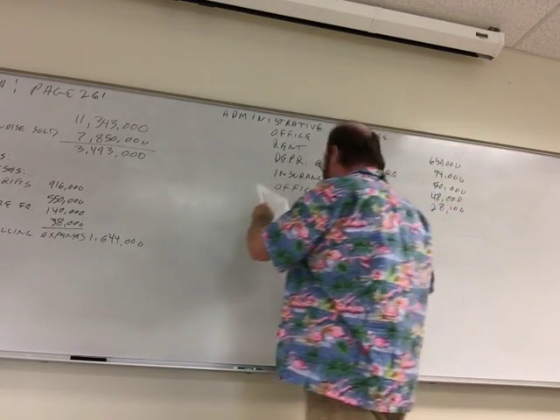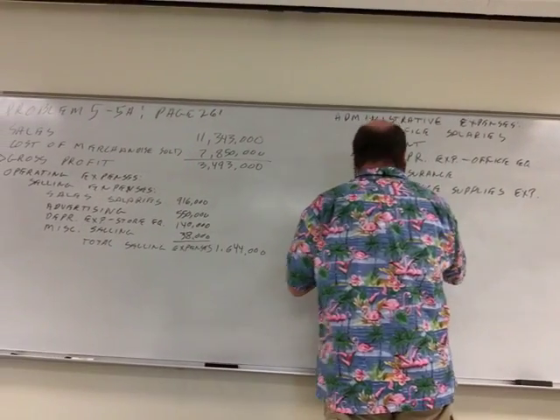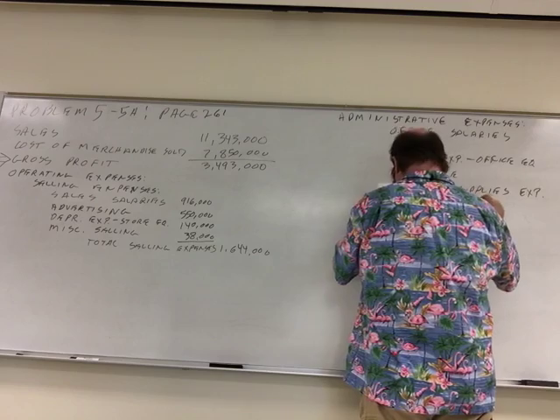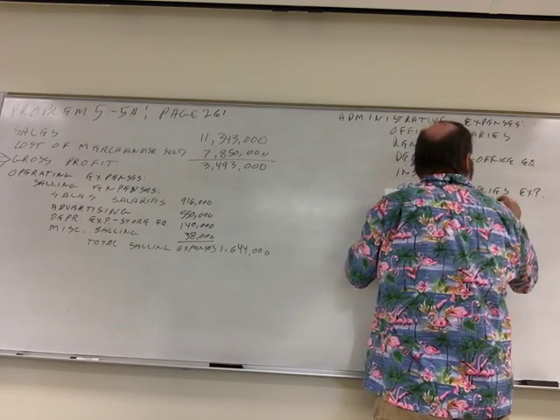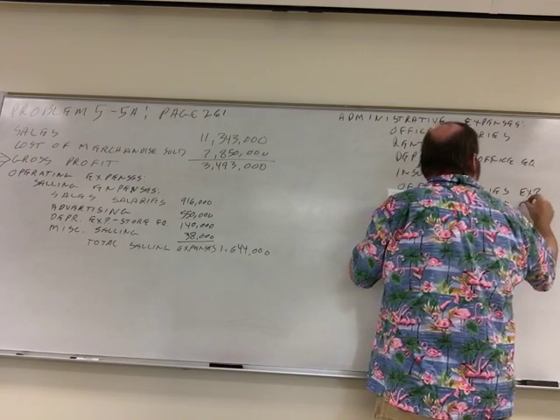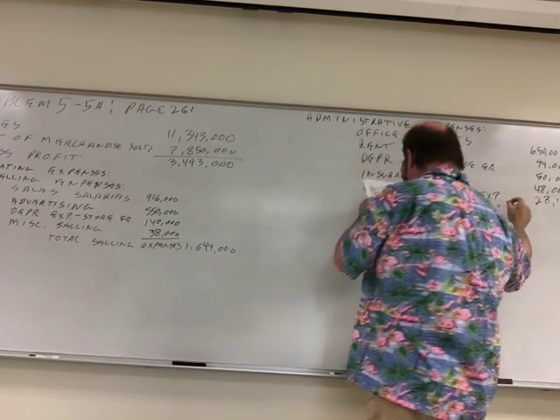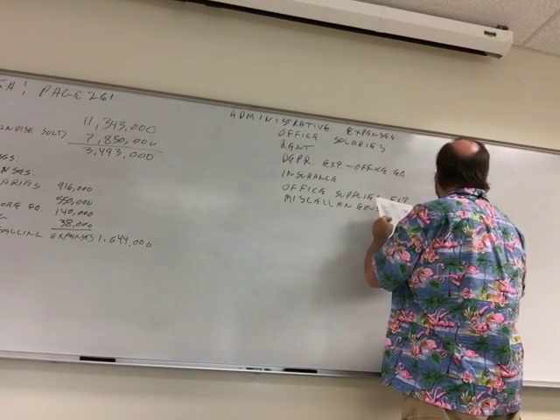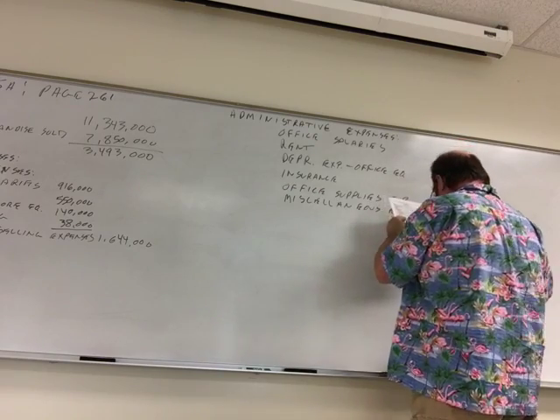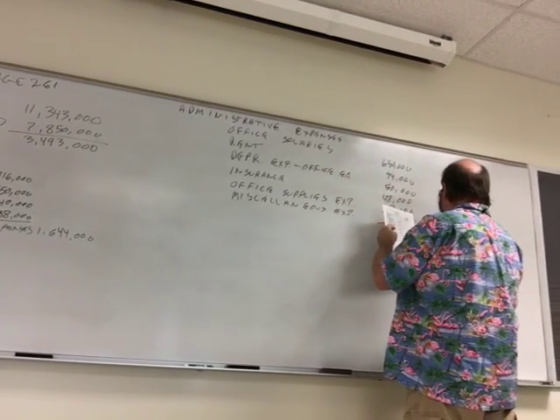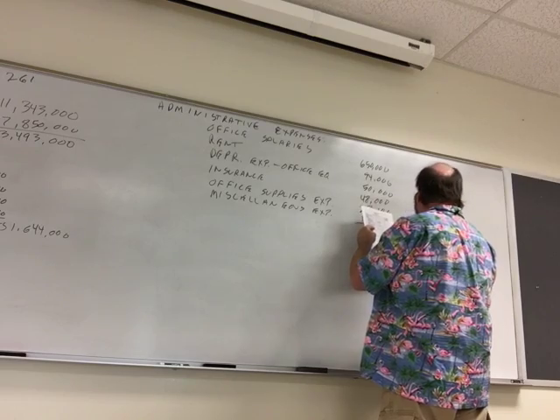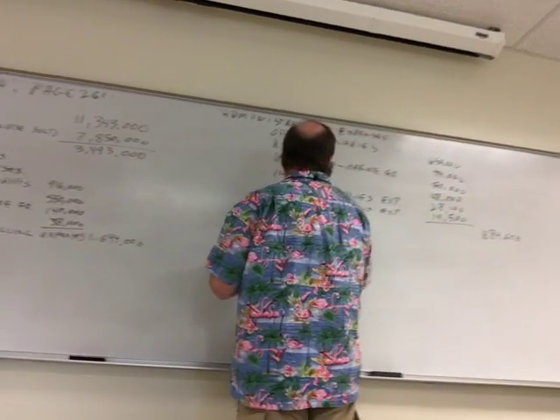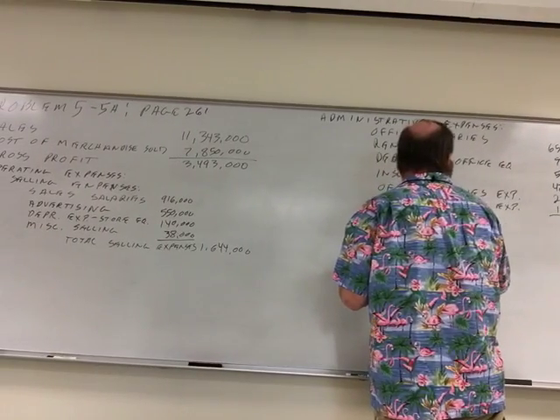Oh, wasn't finished. Then we got some miscellaneous, $14,500. Add all that up, and you get total $884,600 as total administrative expenses.